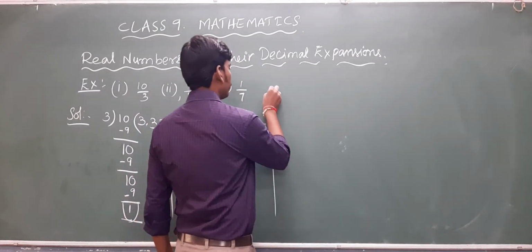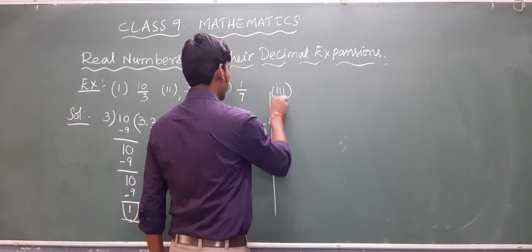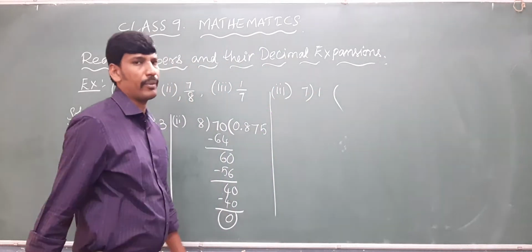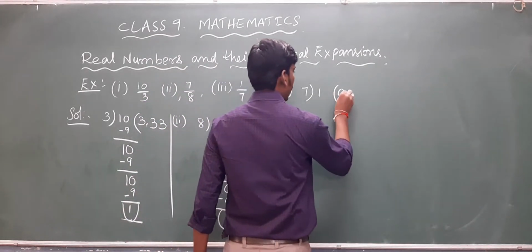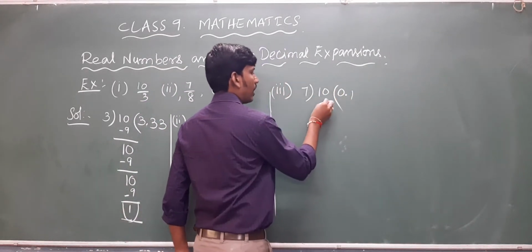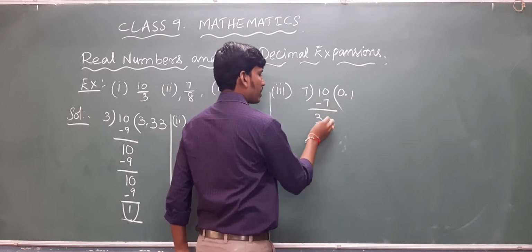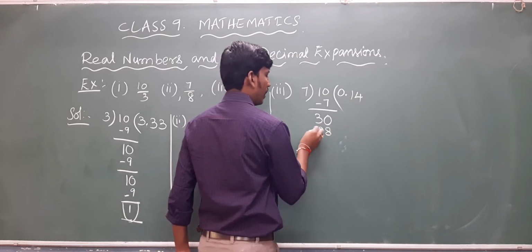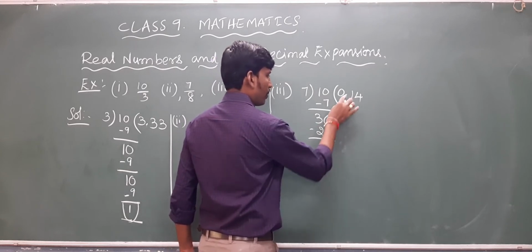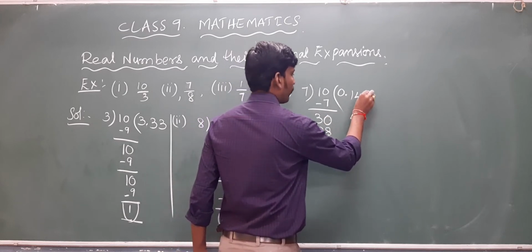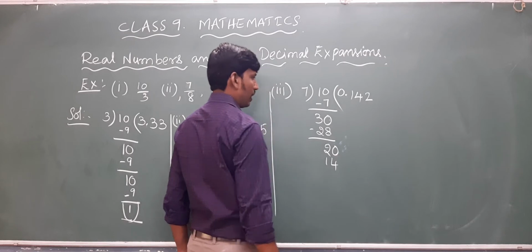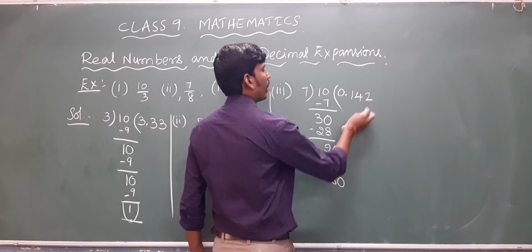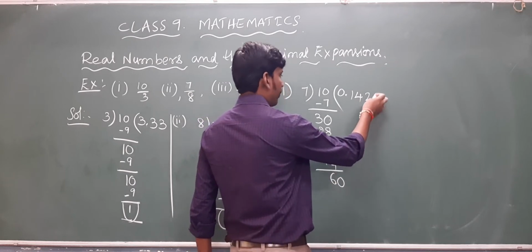Now coming to the third one, when you divide 1 by 7, 1 is not possible in the 7 table, so take 0 point decimal. So 10, 7 ones are 7, this will become 3. Decimal is there, 0, 30, 7 fours are 28, subtract, this will become 2. So 20, 7 2s are 14. 20 minus 14 is 6. 60, 7 8s are 56.